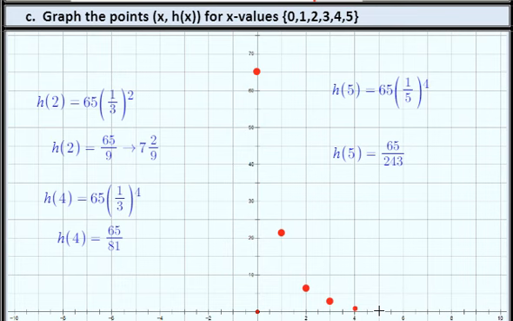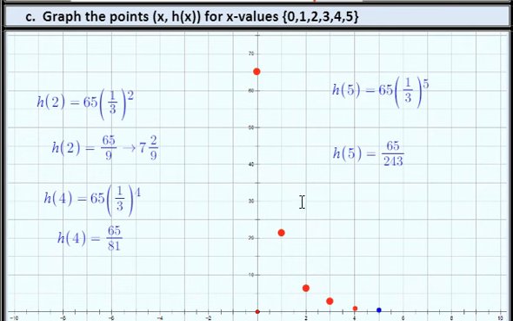So I'm still above the x-axis, but I'm so close to it that I'm almost touching it. And that's where the x-axis is an asymptote. As this denominator gets bigger and bigger and bigger, it's going to shrink, but I'm still getting closer and closer to the x-axis, while still having a positive value. So I never cross the x-axis.